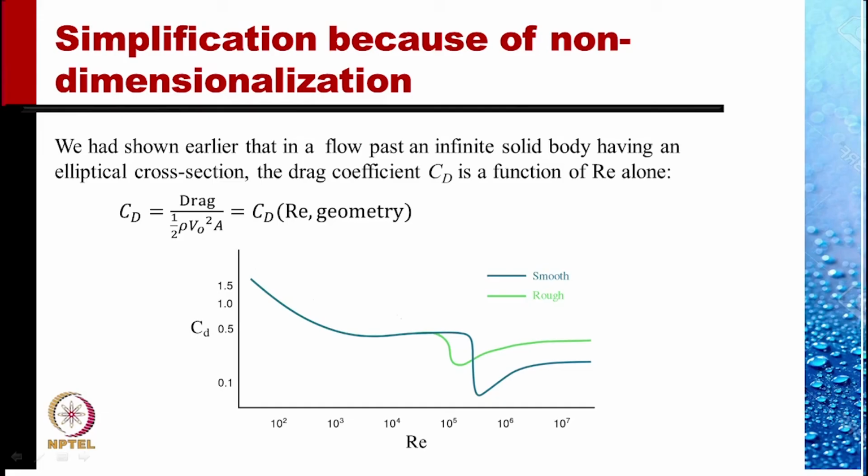So instead of expressing the drag as a function of a number of independent parameters, we now write a drag coefficient as a function of one single number, Reynolds number, which is a non-dimensional group of parameters, and the geometry.